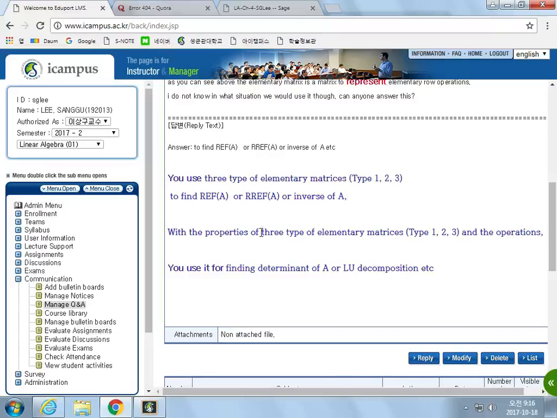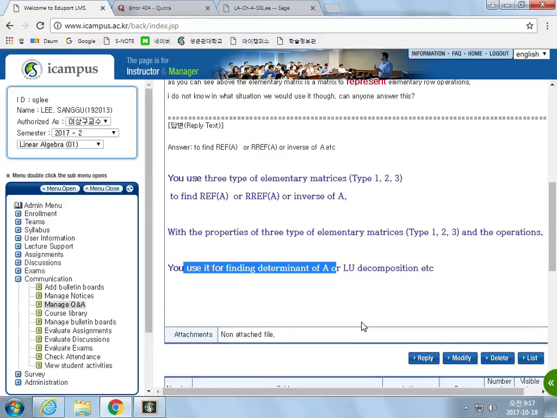With the properties of the three types of elementary matrices and the operations, we use them for finding the determinant of matrix A. We just multiply the elementary matrices, then eventually you can get the determinant of the matrix. And also, when you multiply the elementary matrices, you're going to have an upper triangular matrix here.